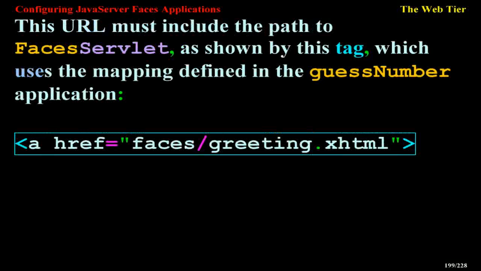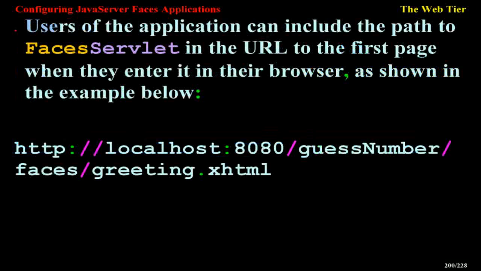Users of the application can include the path to FacesServlet in the URL to the first page when they enter it in their browser, as shown in the example below: http://localhost:8080/guessnumber/faces/greeting.xhtml.